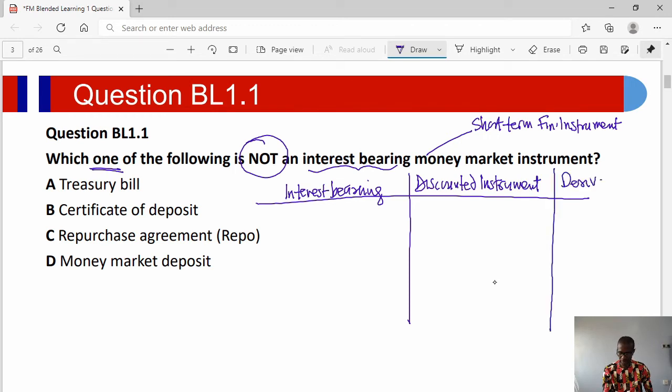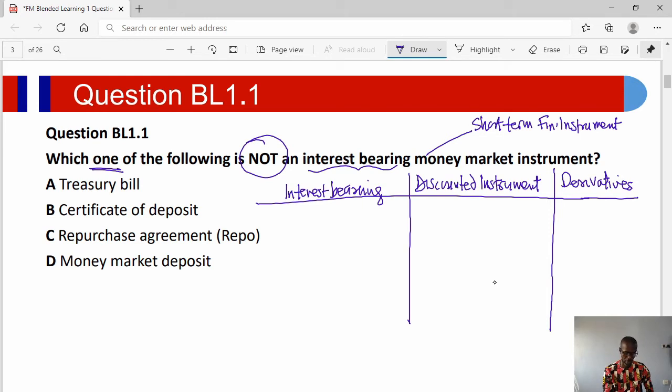They are financial instruments that derive their value from other financial assets. Now, having these 3 in preparing for the exam, be able to list all the instruments that are categorized as interest-bearing or discounted instruments or derivatives.